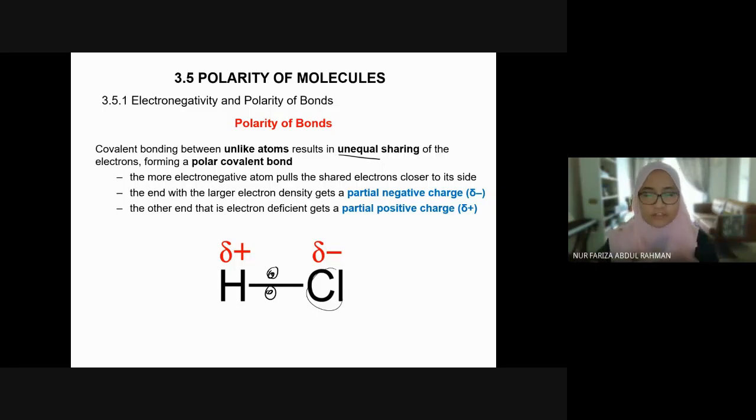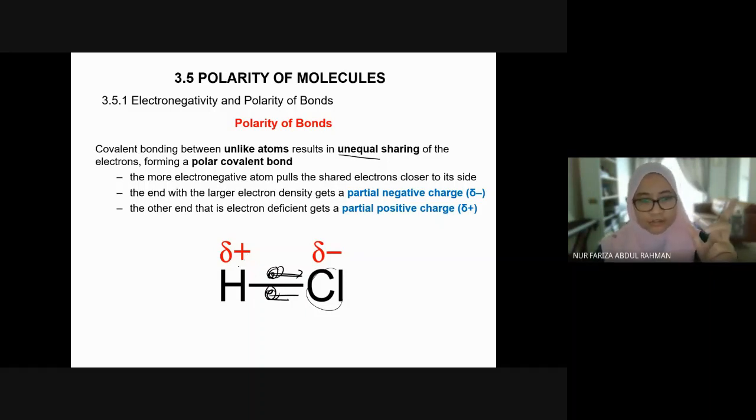However, they are still sharing, it is just that Cl pulls it towards itself. So this causes poles to form. When the bonding electrons are attracted to Cl, it produces a pole, or dipole. Two poles exist there.